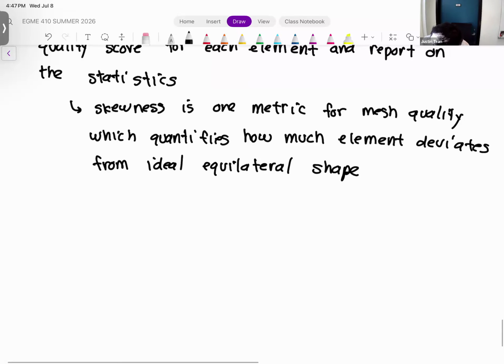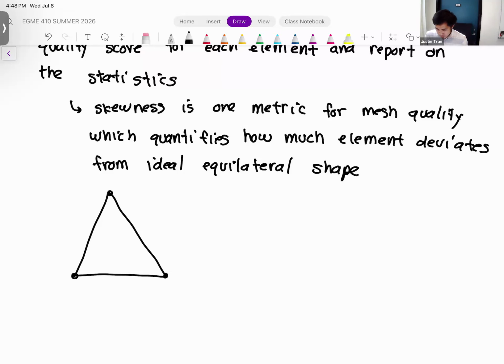So if we just draw a triangle, an equilateral triangle, something like this, an element like this would have a skewness of around 0, because that's as close to perfect as I can draw.